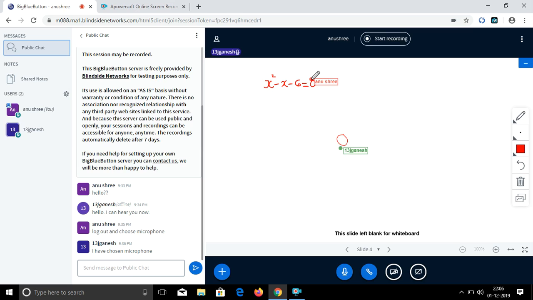So I'm still using the numbers, the same thing. If you're plotting the graph for any equation, quadratic, cubic, or any equation, the first thing is you have to make the table, taking the values of x and calculate the corresponding values of y.